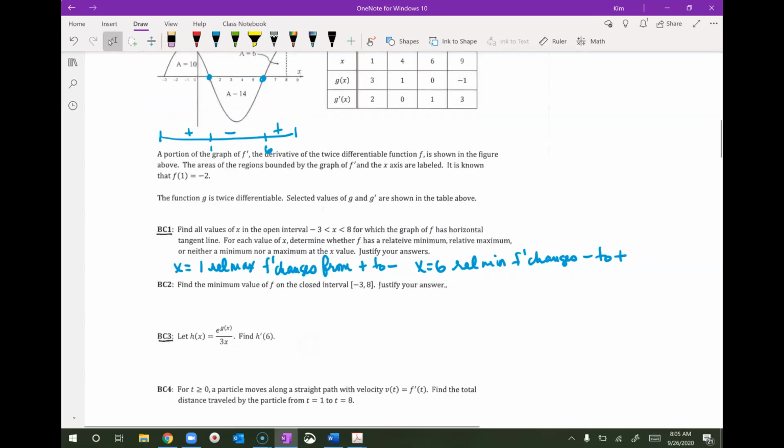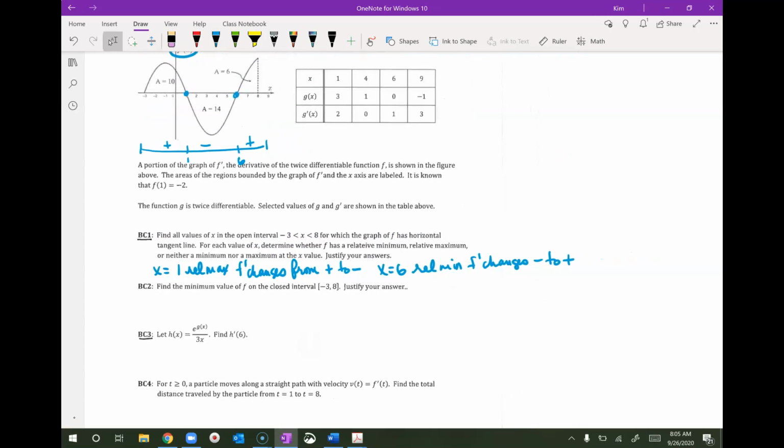BC3 could have been easily on your last test. Doesn't hurt to go over this again. Again, we're going to take the derivative symbolically. We have a quotient. So low, d high, e to the g of x, chain rule times g prime, minus e to the g of x times 3 over 9x squared.